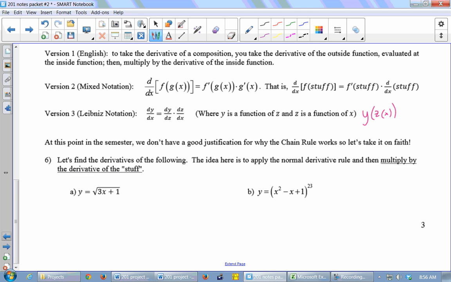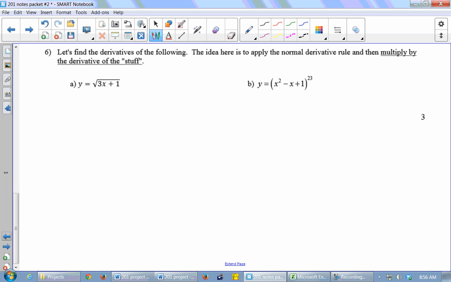Okay, so let's find the derivatives of these 2 compositions that we talked about at the very start of class. So I want to take the derivative of y equals the square root of 3x plus 1. So how have we been rewriting square root to make it easier to take the derivative? 1/2 power. So I'm going to do that first. (3x plus 1) to the 1/2.